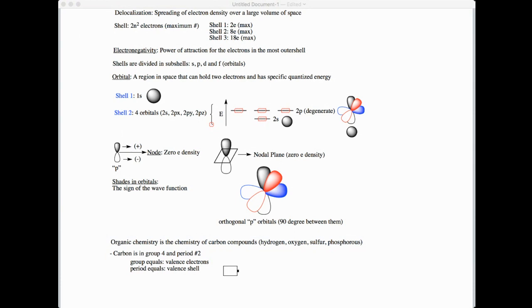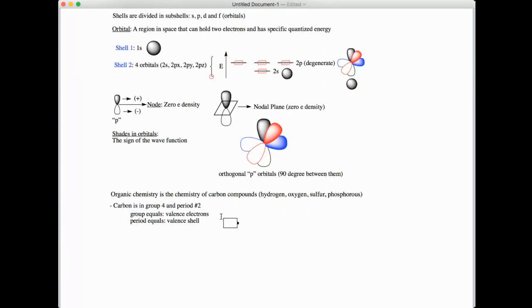Now my question is, and you'll see why I'm going over this: group equals valence electrons, period equals valence shell. So for carbon, a very important element for us, 4 valence electrons in shell 2. Now my question is, how many orbitals do we have in shell number 2?